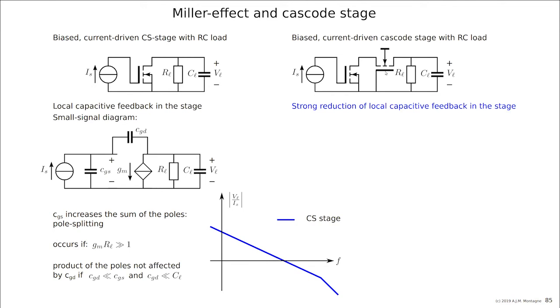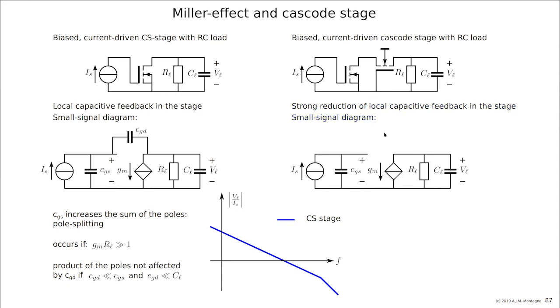If gm of the common gate transistor equals gm of the common source stage, then we have a voltage gain of unity. And since CGD is always smaller than CGS, we hardly see any effect of it. So there is a strong reduction of local capacitive feedback in the stage by using this Cascode.